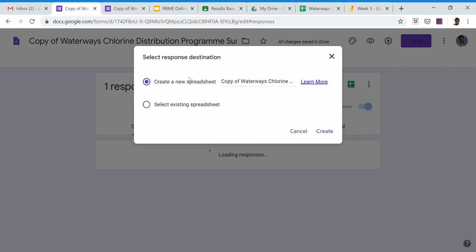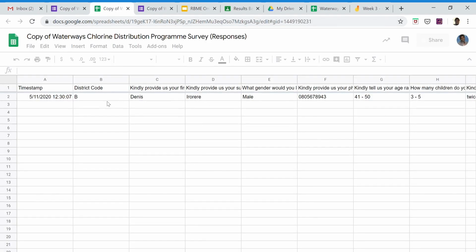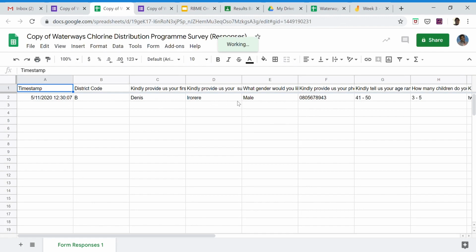and you say, create a new spreadsheet. You can click on create, and it's going to create a new spreadsheet for you, and you'll be seeing this. This is also yours, you own it.